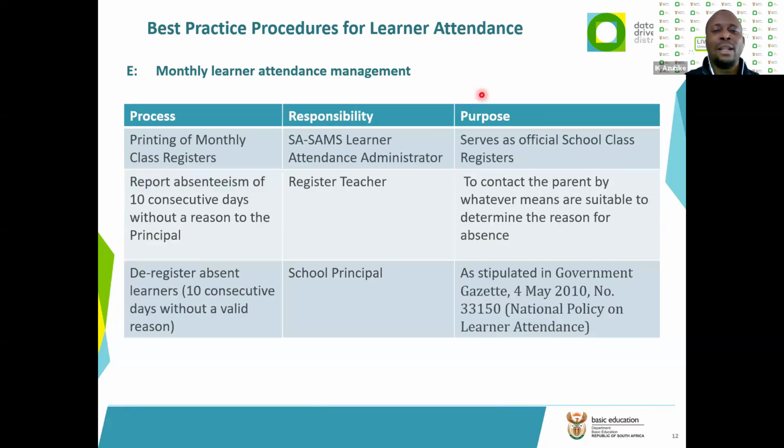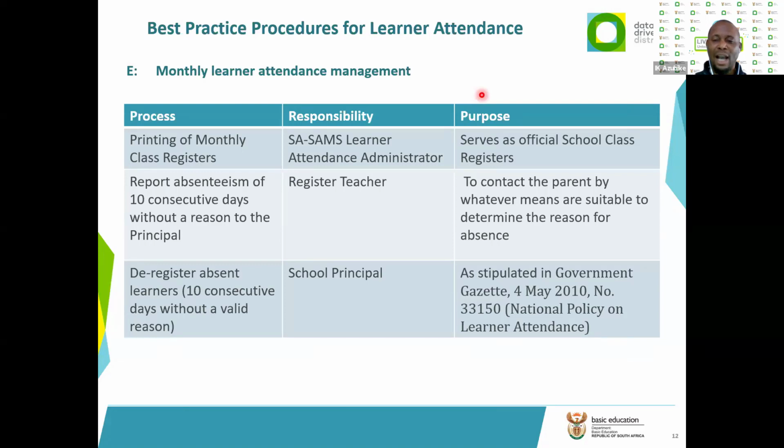Okay, now the last at this level, which talks about learner attendance management, the monthly learner attendance management. One is, the process is printing of monthly class registers. Now, the responsibility lies with the SSAMS learner attendance administrator, and the purpose is to serve as official school class registers.